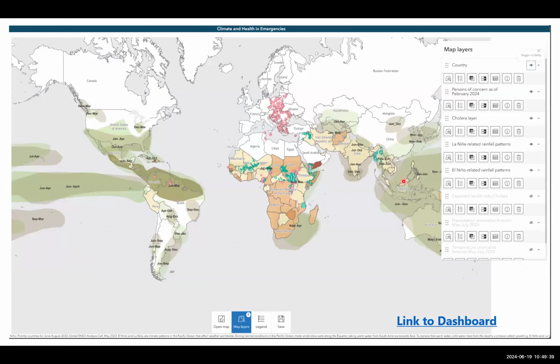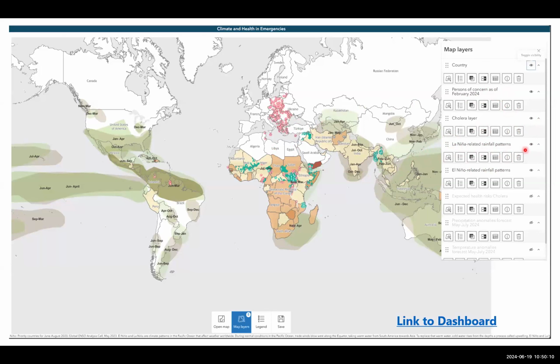So the different layers I was talking about. So this is built on the ArcGIS Online platform, Esri. So the different layers I was mentioning will be persons of concern, which is where the IDPs, the IDP locations, which would host the most vulnerable people. We'll have a layer on cholera, which is again working with the cholera IMST to integrate this within the platform.